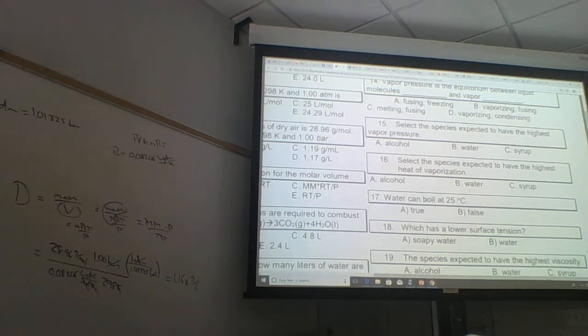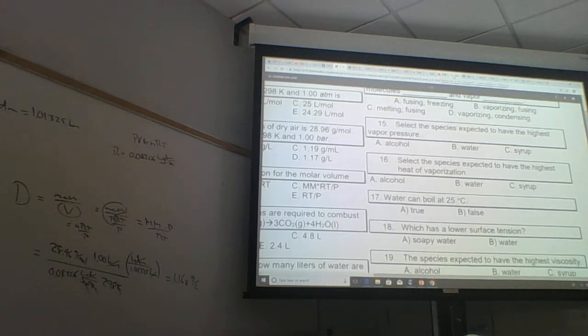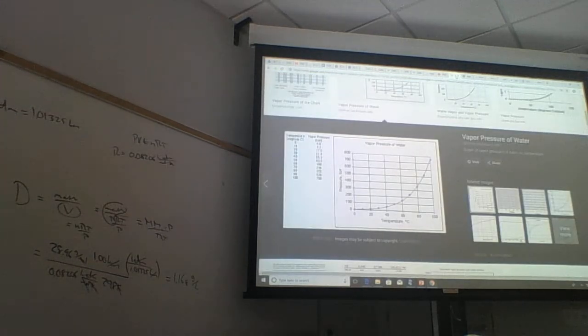The opposite's true too. Pressure cookers. If you have a pressure cooker, then we can increase the pressure.